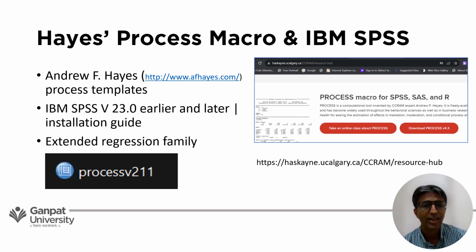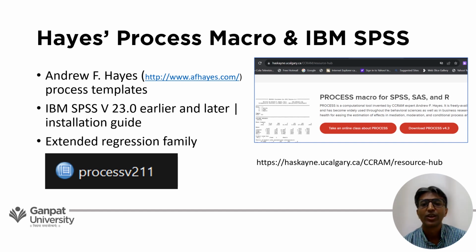That part I will talk about in the later slides. At the moment, we are talking about how to install process macro for SPSS. Fortunately, our university has a licensed version of SPSS. So at the moment, I can use SPSS for testing mediation analysis with the help of process macro.